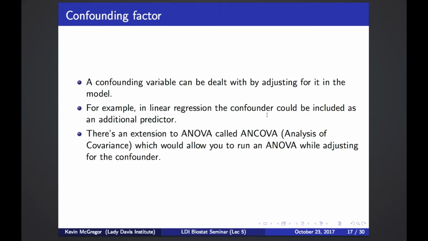If you're doing an ANOVA, something I didn't talk about but you can look up if you're interested, it's called analysis of covariance, or ANCOVA. It essentially allows you to run the ANOVA as you did before, but while adjusting for additional variables. So you can include your confounding variable as an additional variable in this analysis.